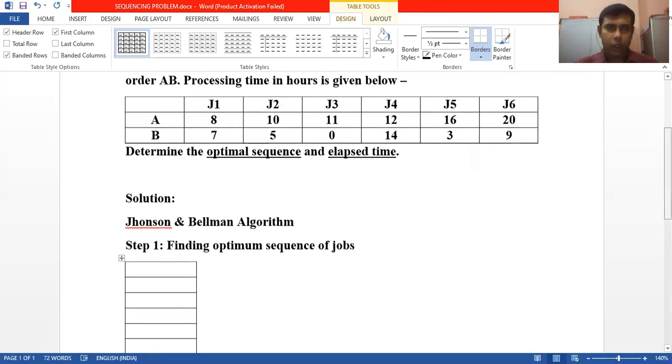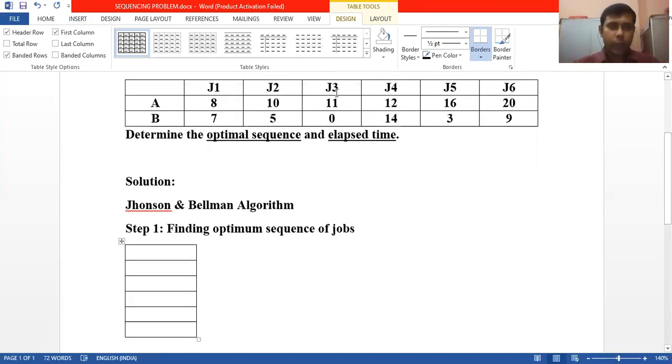Now see, go to your table which is given in your problem and identify the least number given in the table. So the least number is 0. Now see, 0 is for job 3 and for machine B. If it is for machine B, meaning the second machine, then you have to enter from the bottom. If the number is from the first machine, then you have to enter from the top.